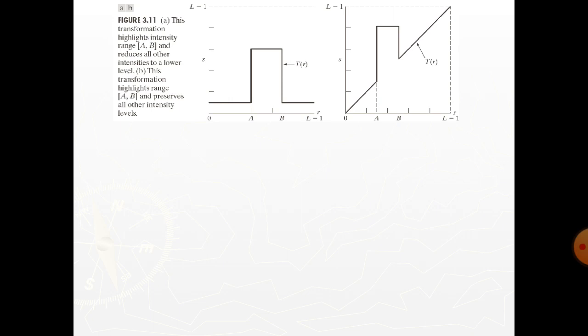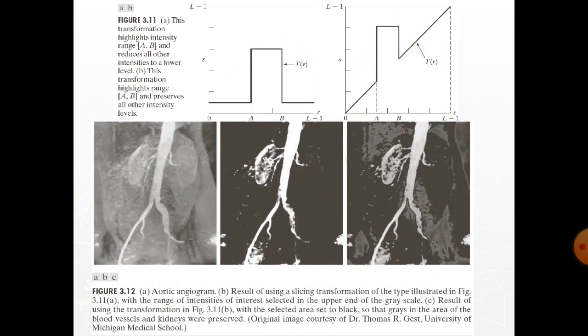One approach is to display a high value for all gray levels in the range of interest and a low value for all other gray levels. This transformation, shown in figure A, produces a binary image. The second approach, based on the transformation shown in figure B, brightens the desired range of gray levels but preserves the background and gray level tonalities in the image.